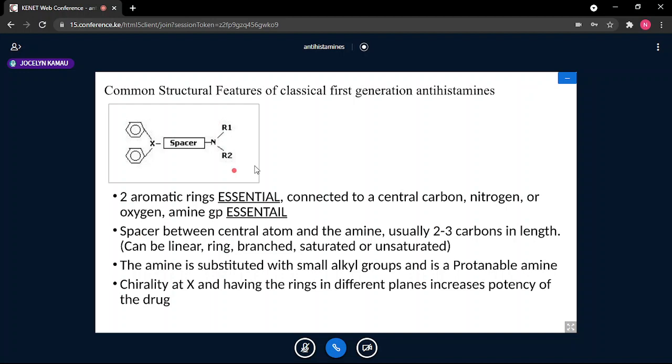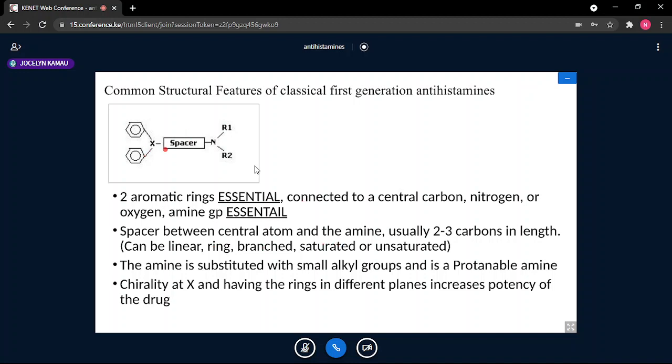And then also the amine or the amino group is also essential. 2 aromatic rings, essential. They must be connected either to a nitrogen, to a carbon, or to an oxygen. And then, of course, you must have an amino group, or an amine or a nitrogen. That nitrogen is essential.